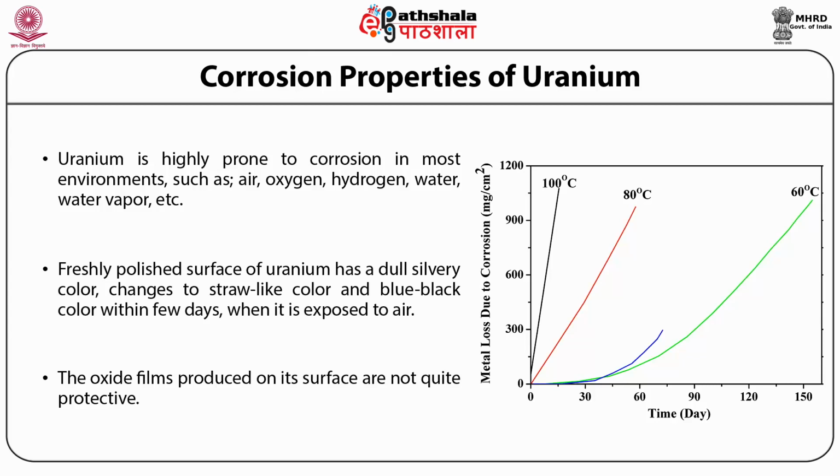On the other hand, in degassed water, that means hydrogen saturated, the corrosion rates remain linear with time in the significant temperature range. It is assumed that in degassed water, hydrogen diffuses through the oxide film to form uranium hydride UH3 in between the oxide and the metal, and also into the grain boundaries of uranium, which adequately protects from the corrosion of metal uranium.